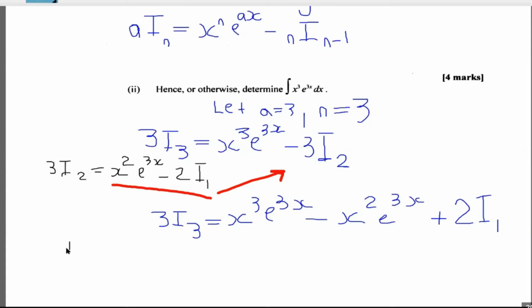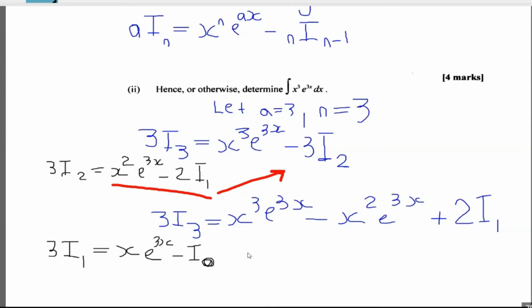The reality is 3I1, meaning a is 3 and n is 1. 3I1 is equal to, substitute n as 1, so it's x to the 1 times e raised to the ax. a is 3, so x e to the 3x minus n, which is 1, so that's 1 times I(1 minus 1). That's really I naught.